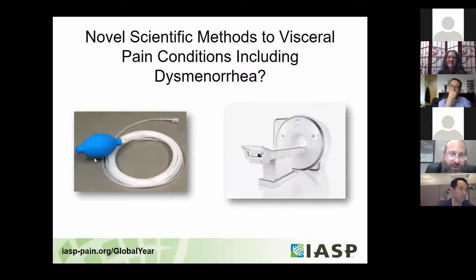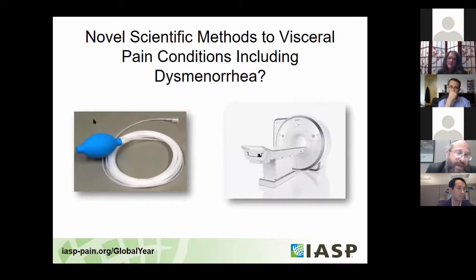So instead what we do is we use a little squeeze bulb like this to evaluate spontaneous pain. So the nice thing about studying menstrual pain is that it's predictable. You can invite people to participate on a scheduled visit. The problem is people can't always accurately predict when their menses will occur, and people don't want to necessarily come in unmedicated, but we bring in people unmedicated and we ask them to continuously evaluate their spontaneous pain.